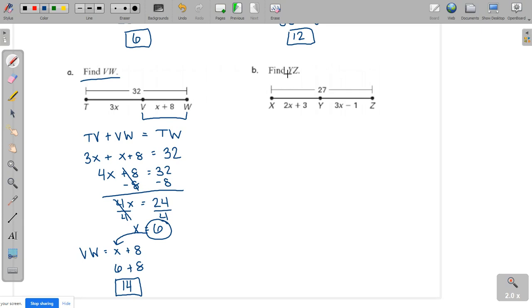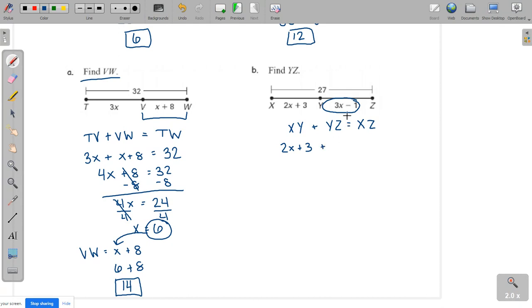This last one here, we need to find YZ. So we need to find this length here. We know XY plus YZ is equal to our full length of XZ. So let's substitute in each section. So XY is 2x plus 3.